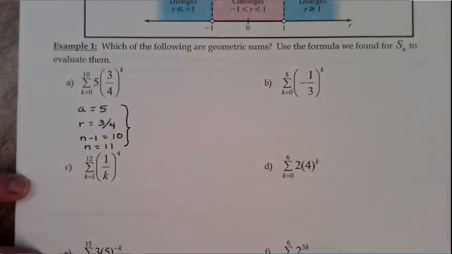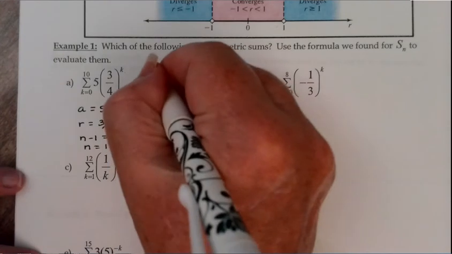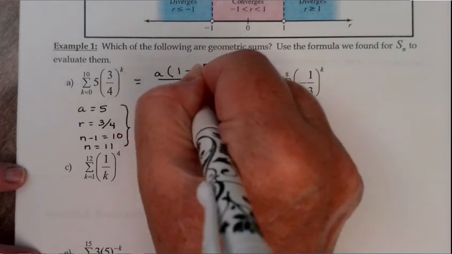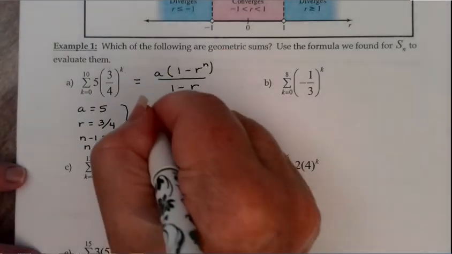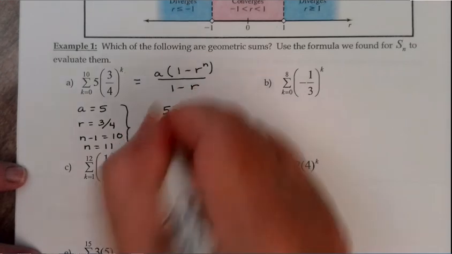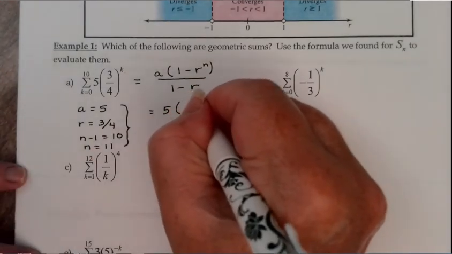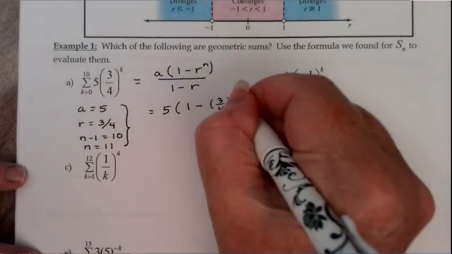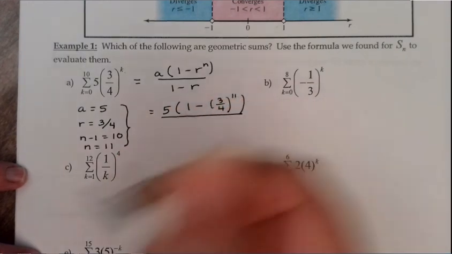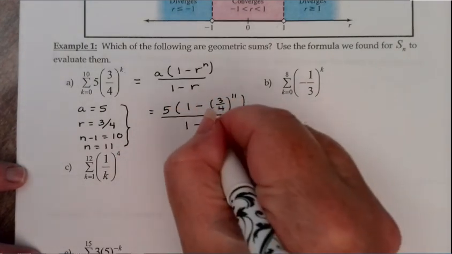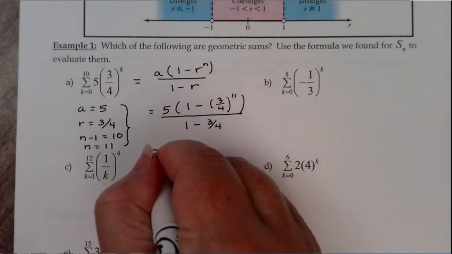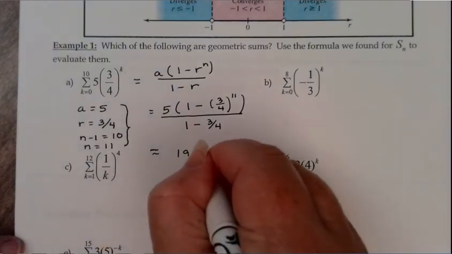I'm going to take all of that and plug it into my sum formula for a finite sum. So we're going to get 5 times 1 minus 3/4 to the 11th power over 1 minus 3/4. And then it just becomes a calculator problem. Rounding to 3 decimal places, I got 19.155.